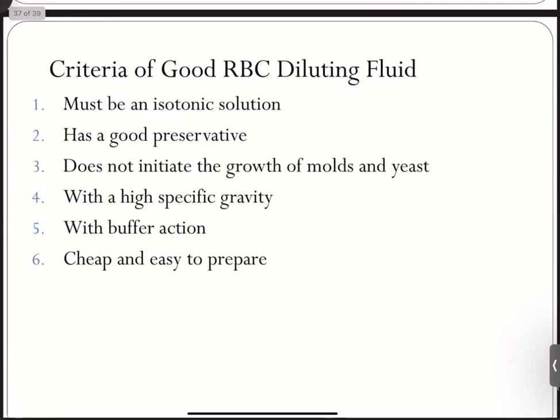Criteria for a good RBC diluting fluid: it should be isotonic, for your RBCs are sensitive to the tonicity of the solution. It should also have a good preservative, not initiate the growth of molds and yeast, have a high specific gravity, have buffer action, and be cheap and easy to prepare.